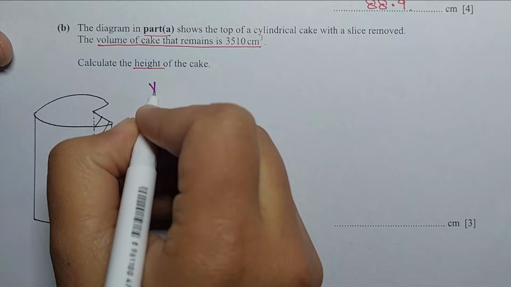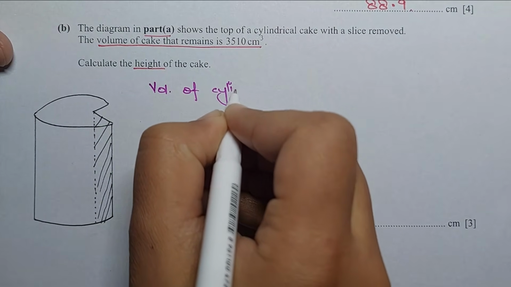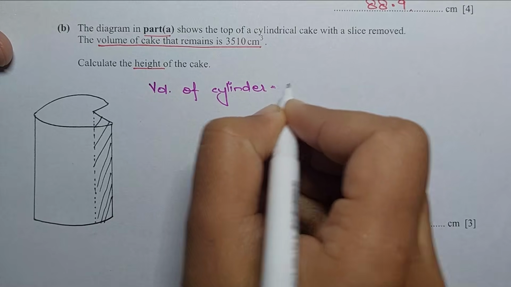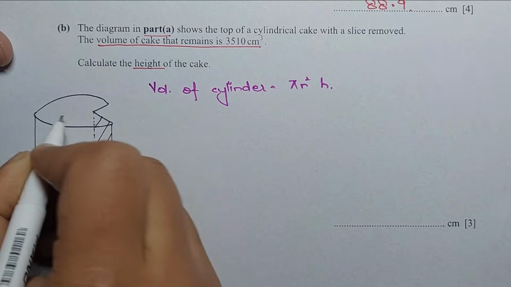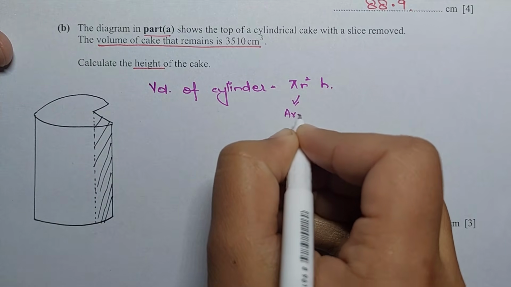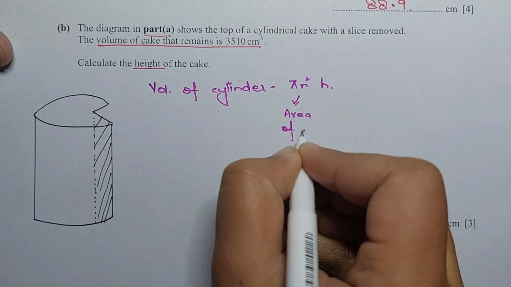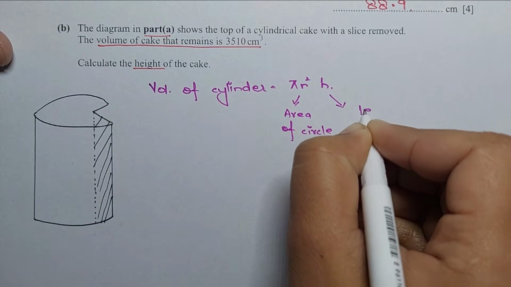So as we know, the volume of a cylinder is pi r square h. So this pi r square is basically the area of a circle, the top circle, and you have to multiply it by the height.